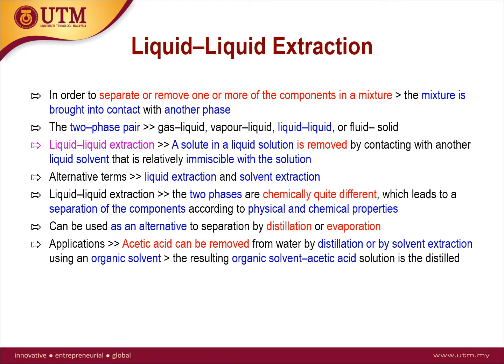Meaning that from the mixture of acetic acid and water, this organic solvent has high affinity to the acetic acid only, and the resulting organic solvent and acetic acid from this process, which we call the liquid extraction process or solvent extraction process, will come out as a stable configuration mixture which has a lower free energy, from the extractor, called the extract layer.